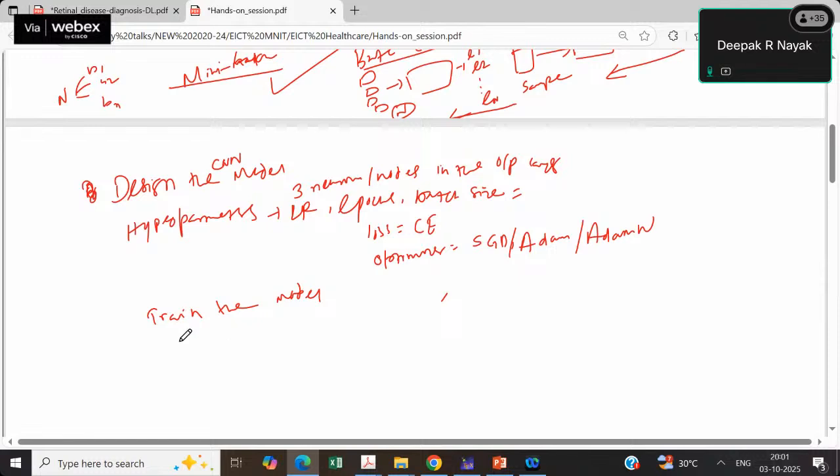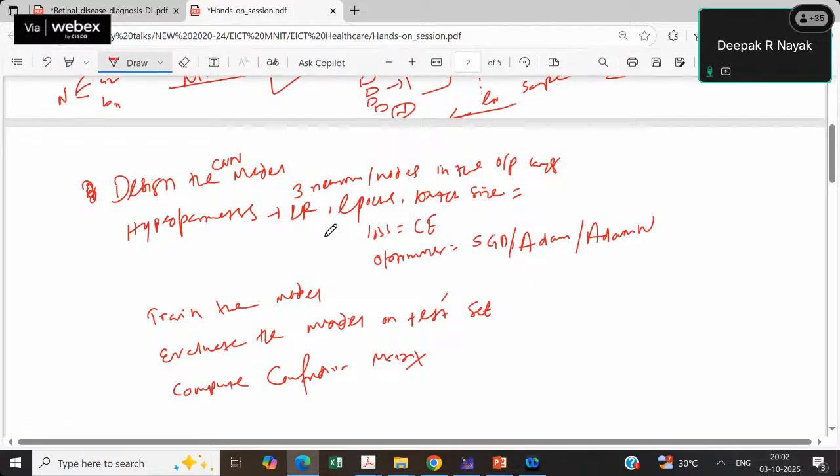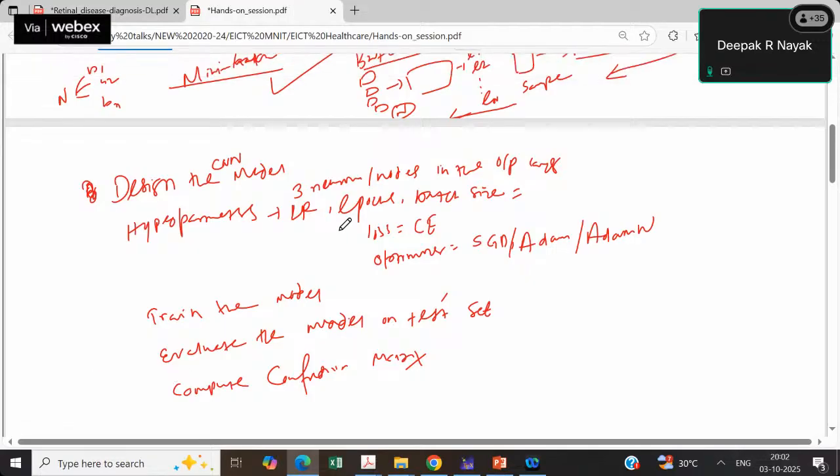Once the training is done for this many epochs, it is your task to save the model and evaluate it on the test set. Because it is a classification task, you can compute the confusion matrix. So these are the implementation steps to be followed to solve a classification task.